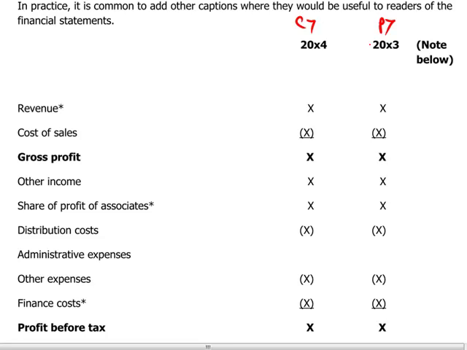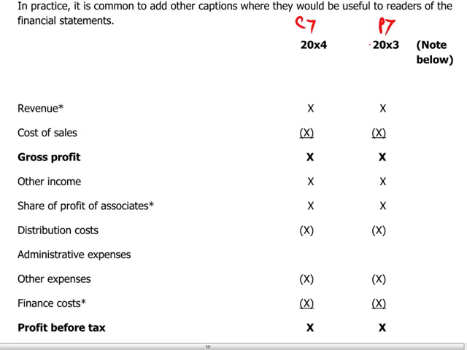Any other type of income that we may have, either from a sale of non-current assets or share of profits from associates, which comes from our investments, distribution costs, admin expenses, and any other type of expenses will be presented along with a separate line for finance cost and finance income.